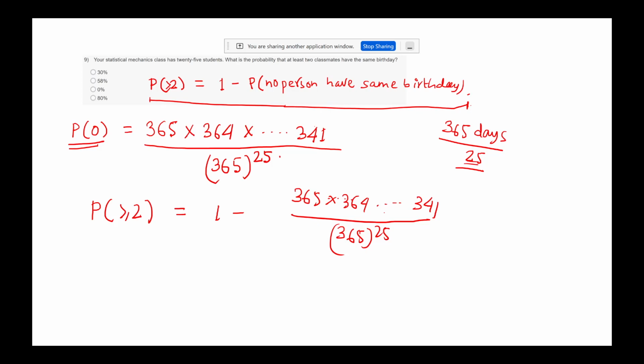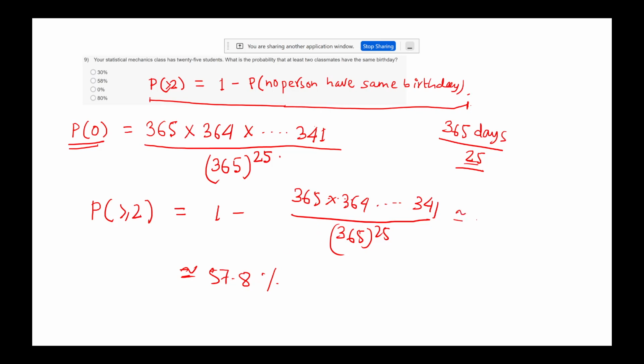It is coming around 58%. Like 57.8 something. So 1 minus that thing is coming around 0.578.